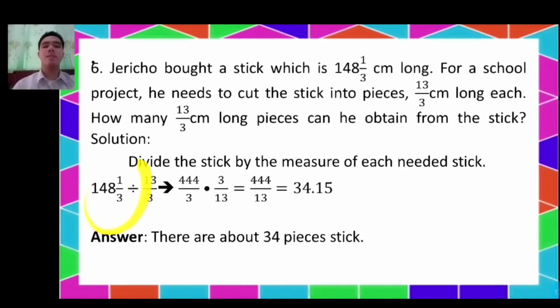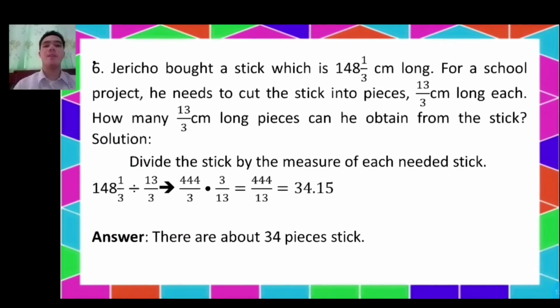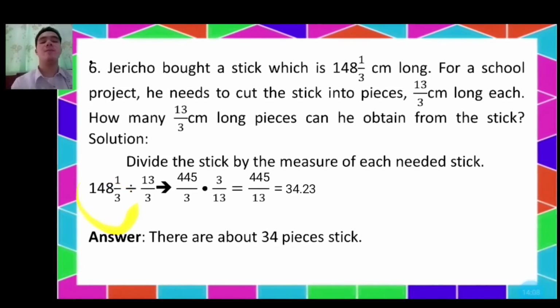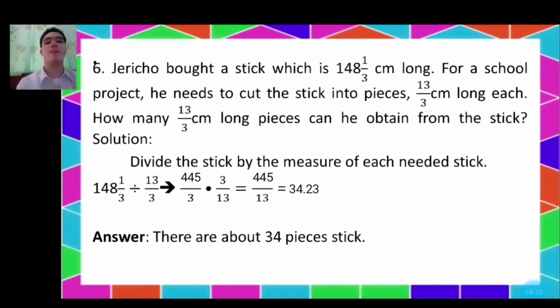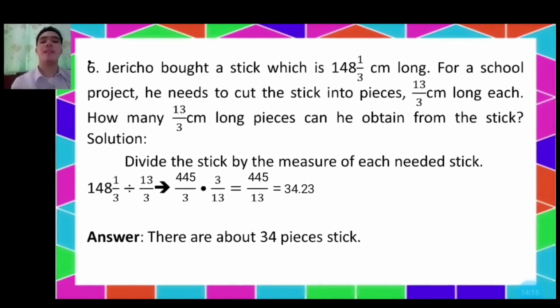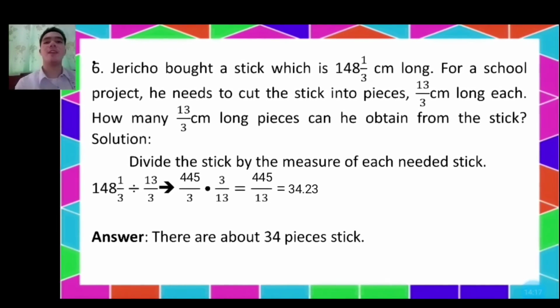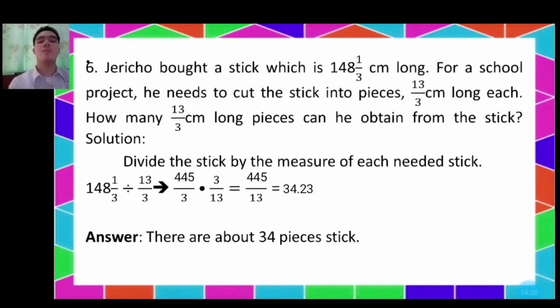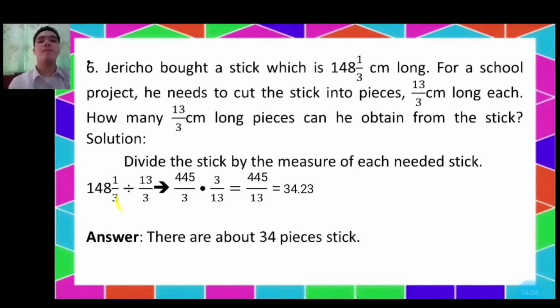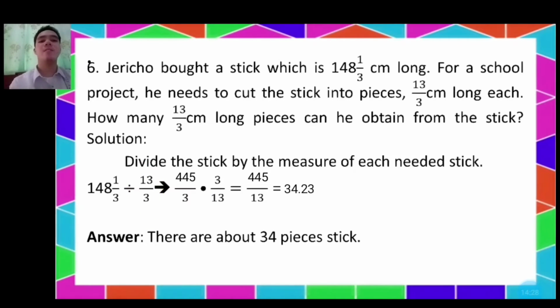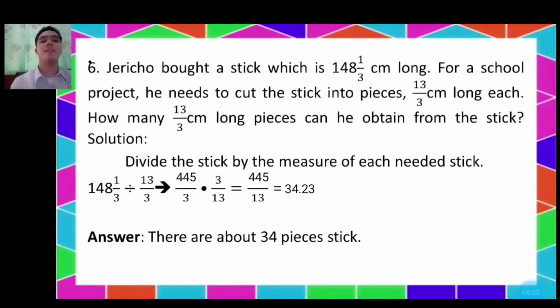We have a mixed number, convert it to improper. 3 times 148, that is 444, plus 1, that is 445, over the denominator 3. Then, we have to proceed to multiplication. If we reciprocal this, 13/3 will become 3/13.